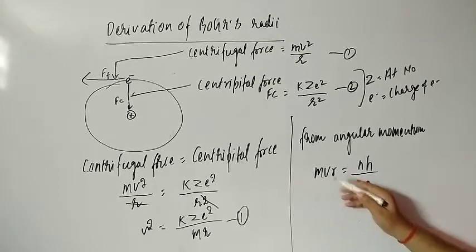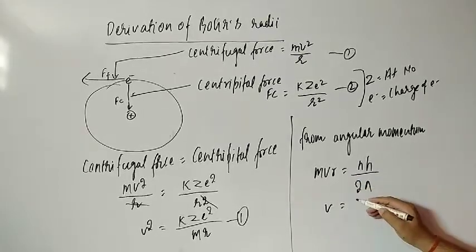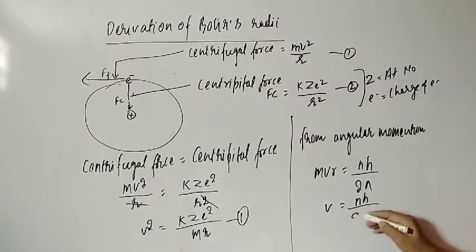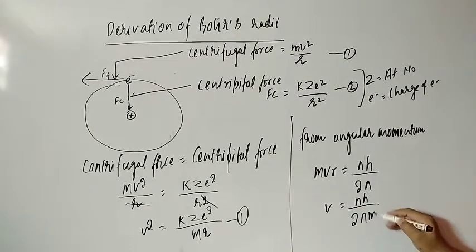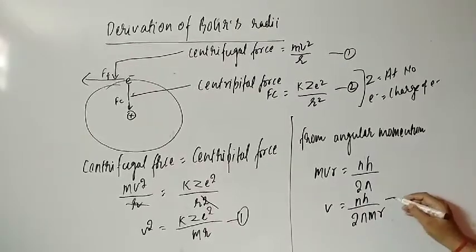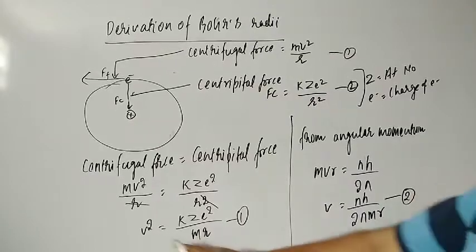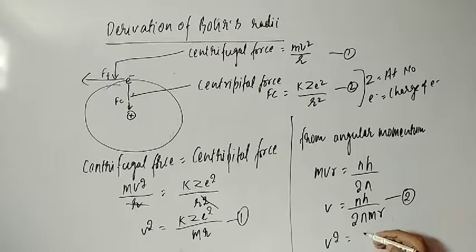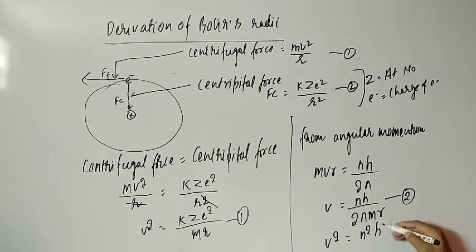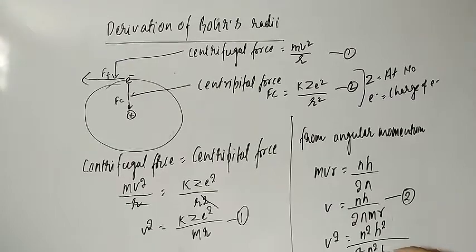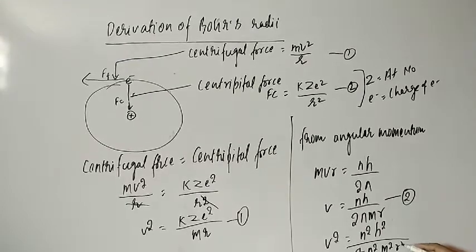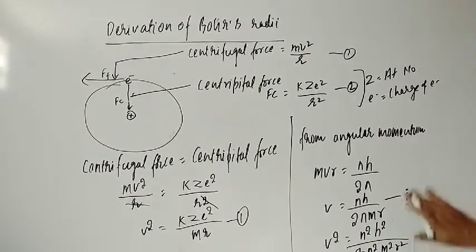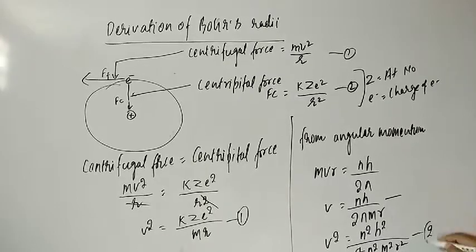From here, v is equal to nh by 2 pi mr. This is equation number 2. Squaring it, v square means n square h square divided by 4 pi square m square r square. This is equation number 2.